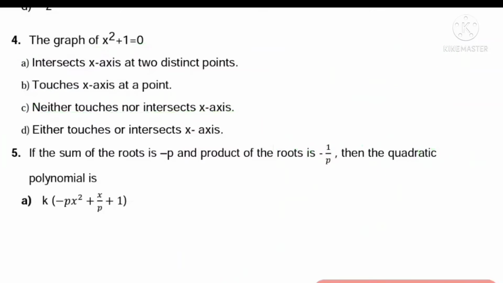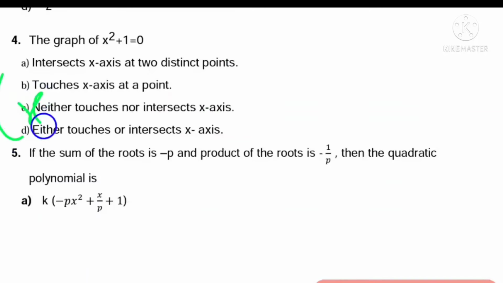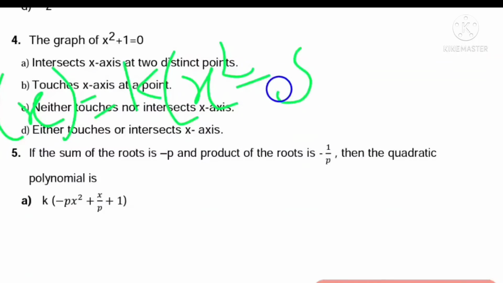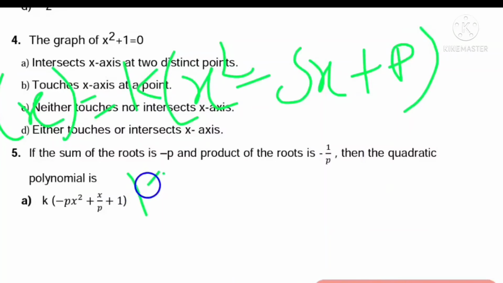Or if the sum of the roots is minus p and the product of the roots is minus 1 upon p, then the quadratic polynomial is, formula for quadratic polynomial is p(x) equal to k into x square minus sum x plus product. Okay, now here k is as it is.